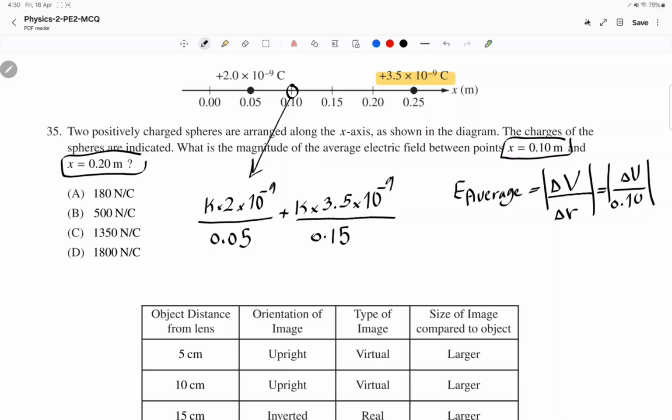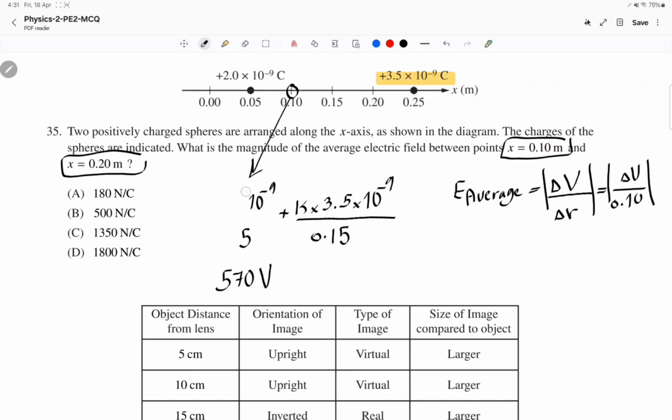Okay, so let's use the calculator and replace and try to get the answer. I got 570 volts.